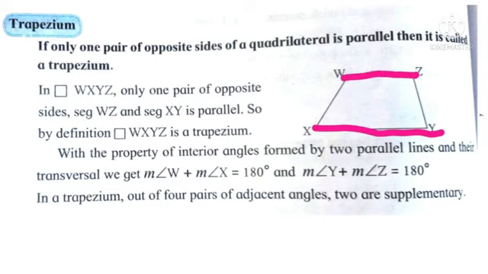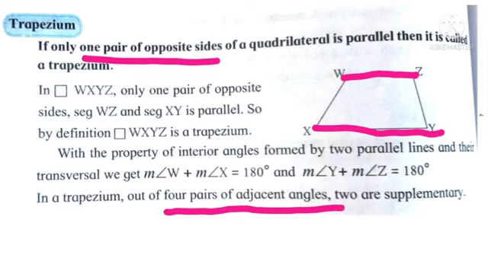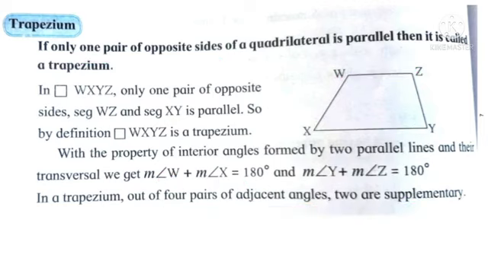If one pair of opposite sides is parallel, we call it as trapezium. What is the property? Out of 4 pairs of adjacent angles, 2 are supplementary. Means here W and X, and Z and Y are supplementary angles. See here, W plus X is equal to 180 and Y plus Z is equal to 180.